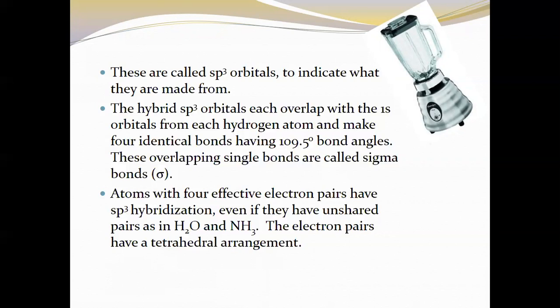Even if they are unshared, like in H2O, that oxygen is still going to have four electron domains. In our NH3, which is also going to have four electron domains, the electron pairs, both bonding and non-bonding, have that tetrahedral arrangement.